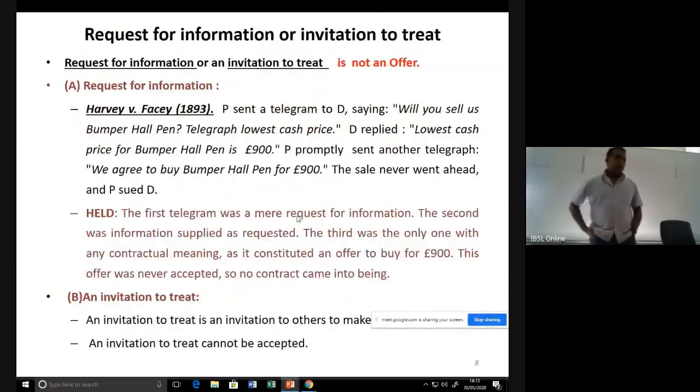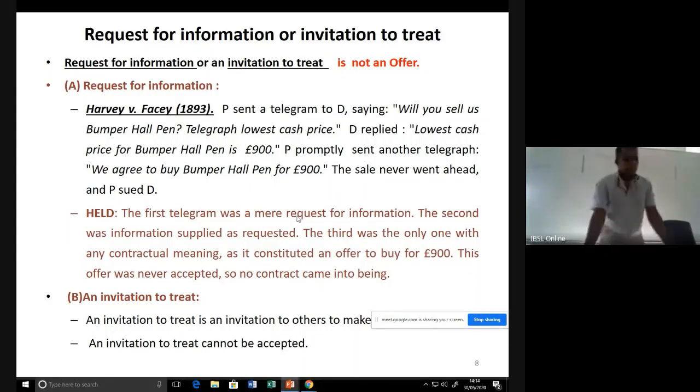That is request for information or invitation to trade. This is the other important thing that you have to remember. Several times this has come up in exam papers, repeating questions. Now, an offer is a promise. An offer is a statement made by the offeror to the offeree.